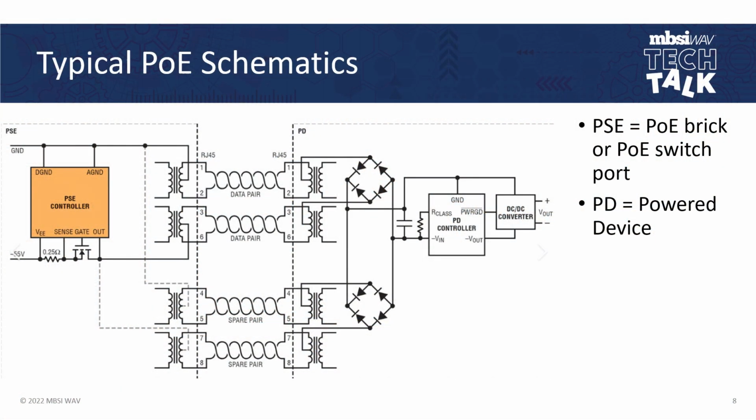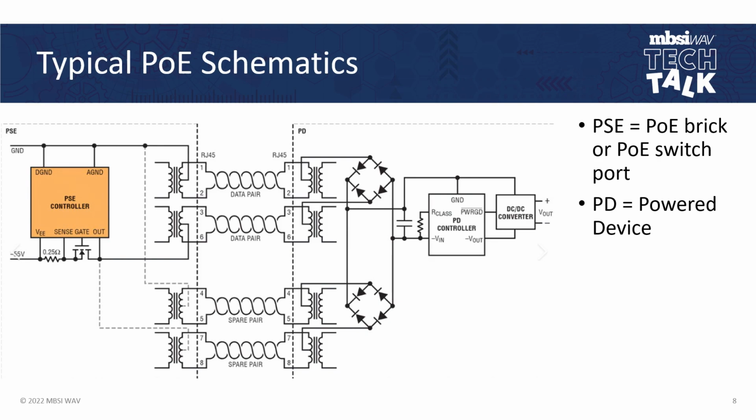So for those of you who are familiar with electronics, this is typically how the power is injected onto twisted pair and how it's recovered at the other end. On the left hand side we have the power supply, the controller, and it's adding voltage to the center tap.